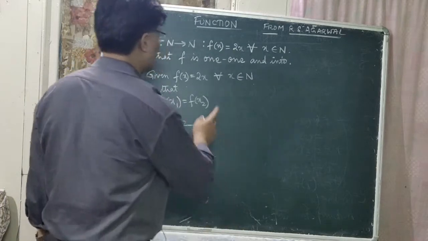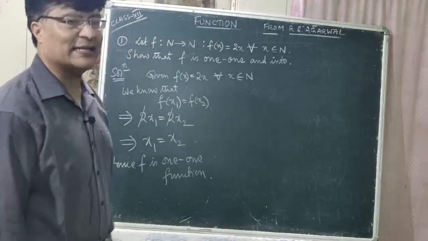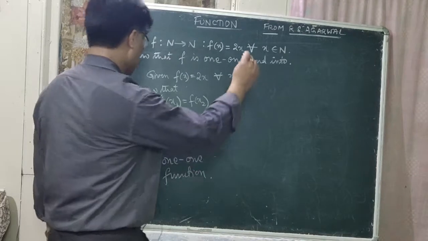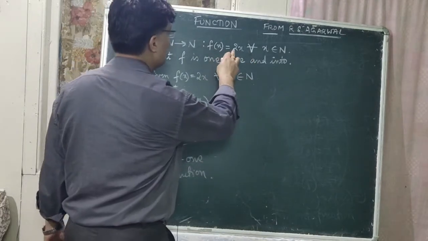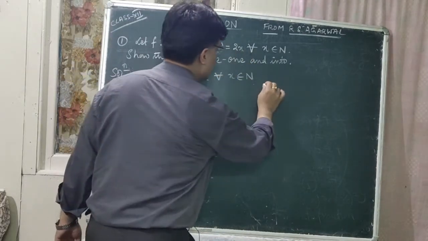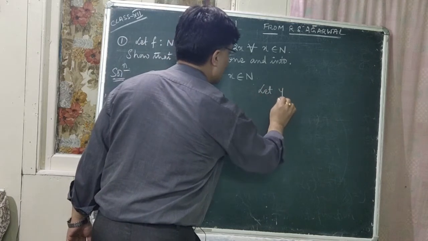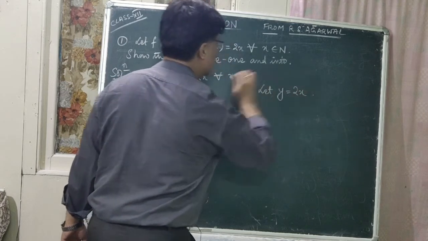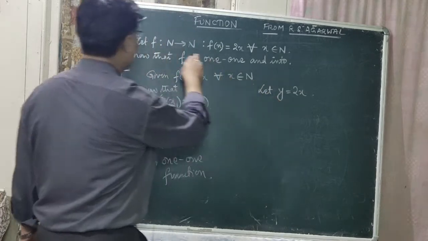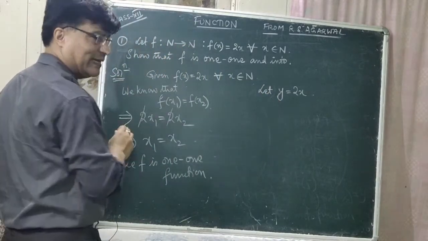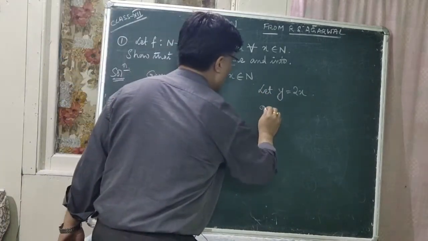So now let us prove f as into function. Okay. So now let us assume, let this 2x be y. So let y is equal to 2x. So here this y belongs to the codomain N, right? Or what is the value for x?